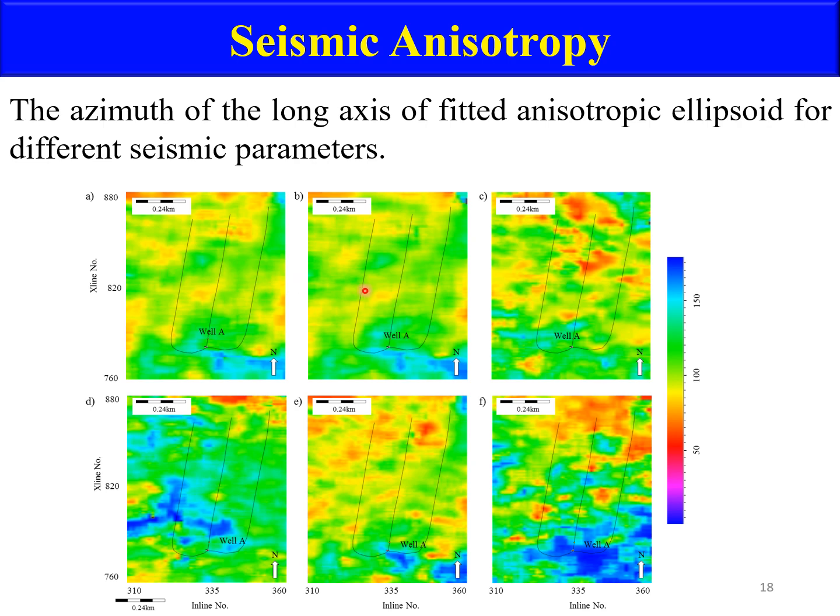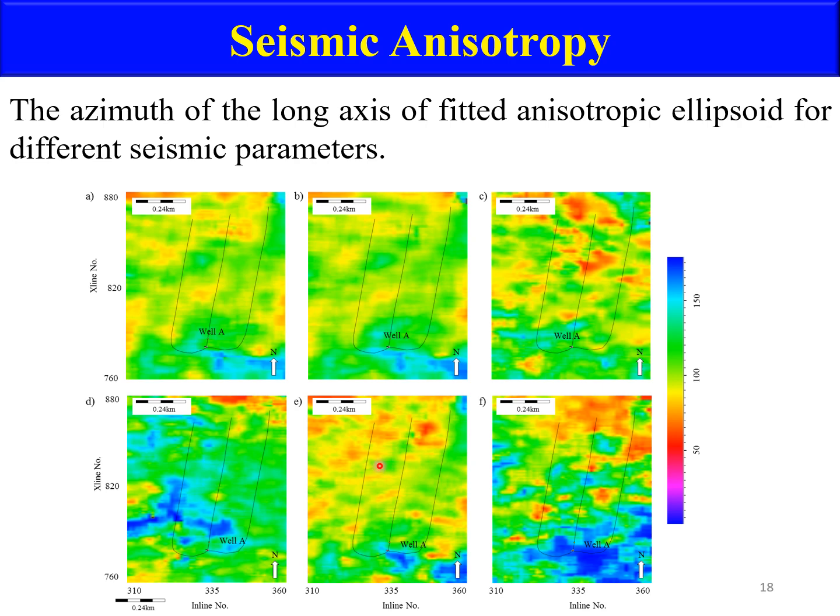Figure B is the predicted azimuth using seismic maximum amplitudes. Figure C is the predicted azimuth using seismic amplitudes. Figure D is the predicted azimuth using seismic dominant frequency. Figure E is the predicted azimuth using seismic instantaneous attributes.